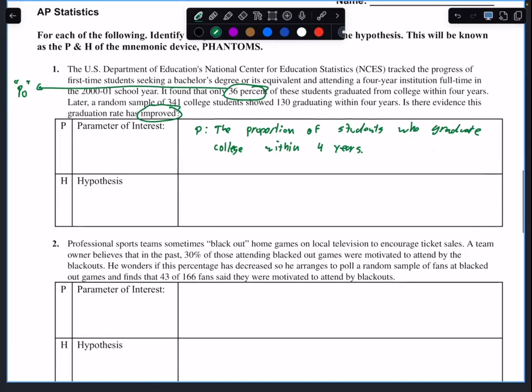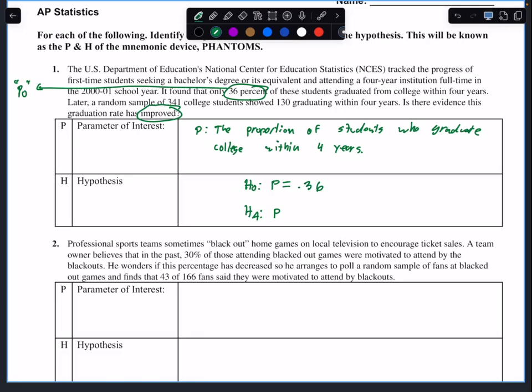That's what we're finding. So my null hypothesis will be p equals what? What do we write 36% as? 0.36. And my alternative hypothesis with p would be what we're going to try to test and find evidence of: has p improved?